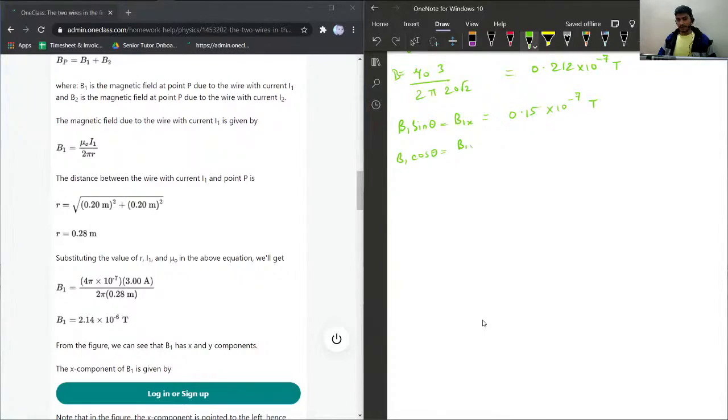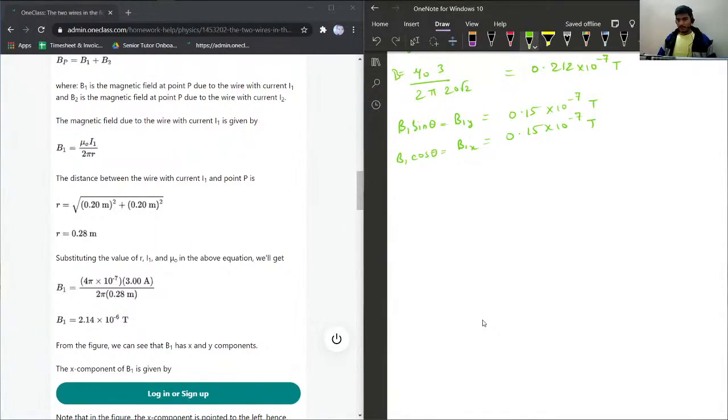So this will be B1y. Oh, this was B1y, this is B1x. This is B1y, this is B1x. 0.15 times 10 power minus 7 Tesla.